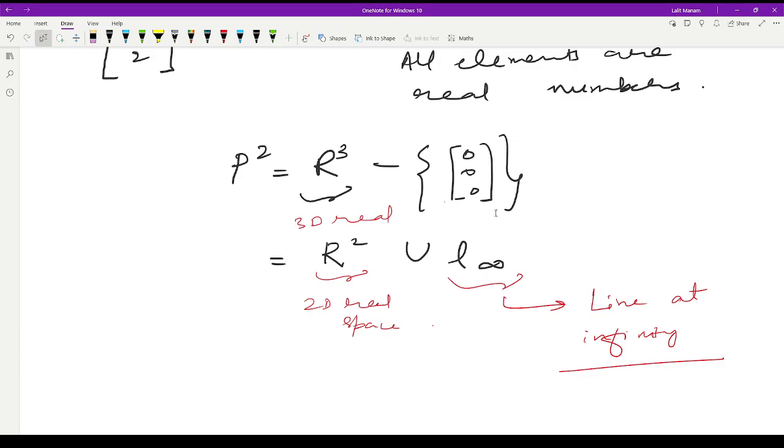Any answer? Okay. Can anyone tell me what this means? The specific statement R3 minus origin removed. What does this mean?